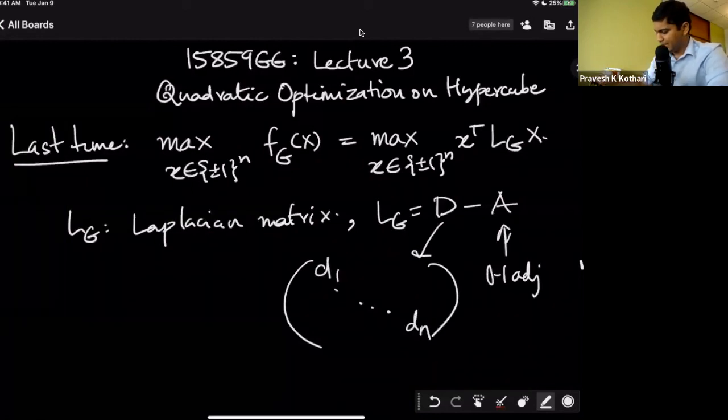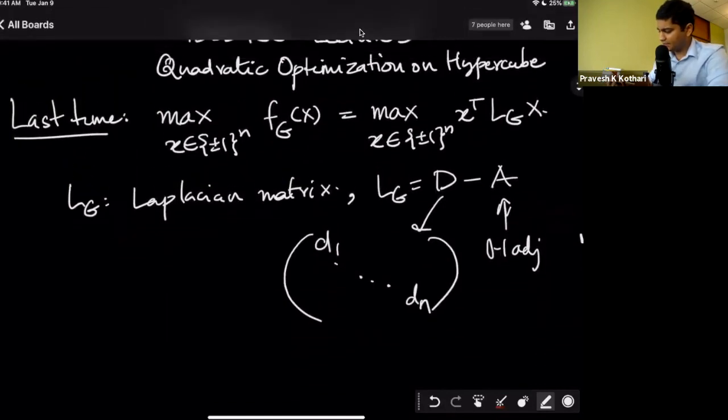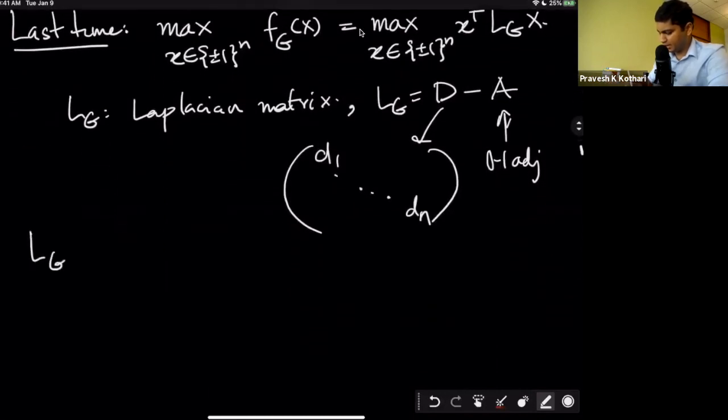So we saw that maximizing f_G(x) is basically maximizing the quadratic form of this Laplacian matrix. One thing you might remember, and we'll get back to it today, is that this Laplacian matrix is always positive semi-definite for all possible graphs.